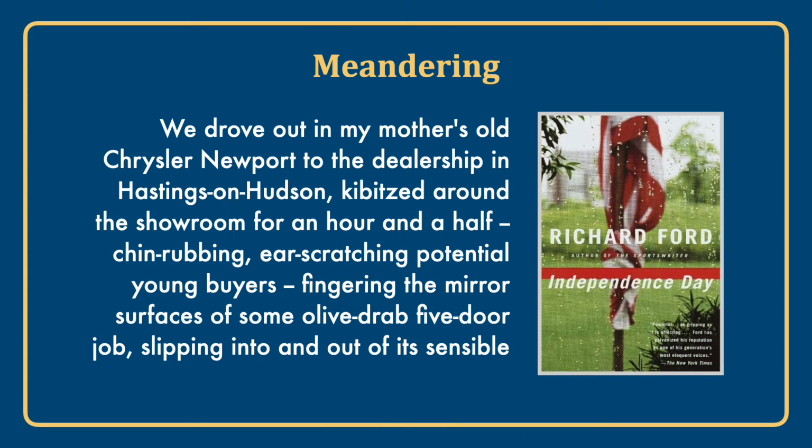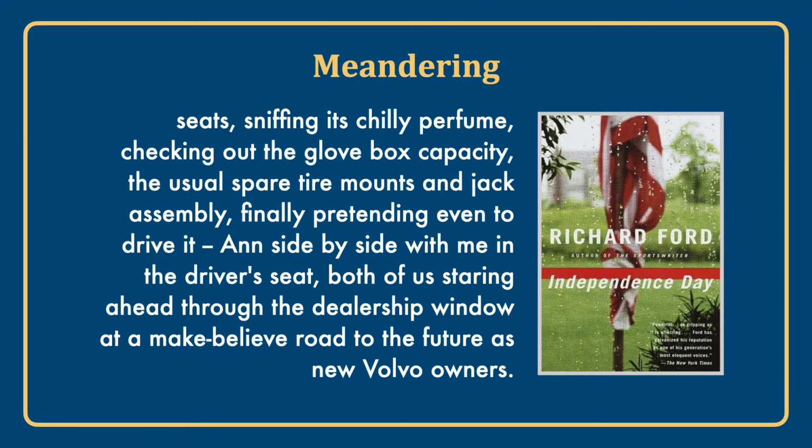"We drove out in my mother's old Chrysler Newport to the dealership in Hastings-on-Hudson, kibitzed around the showroom for an hour and a half, chin-rubbing, ear-scratching potential young buyers, fingering the mirror surfaces of some olive-drab five-door job, slipping in and out of its sensible seats, sniffing its chilly perfume, checking out the glove box capacity, the usual spare tire mounts and jack assembly, finally pretending even to drive it.